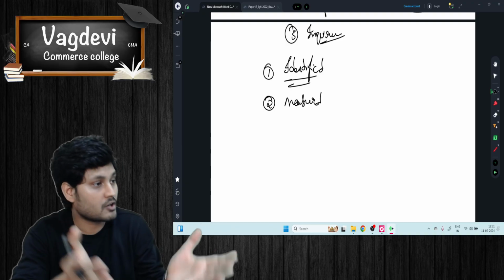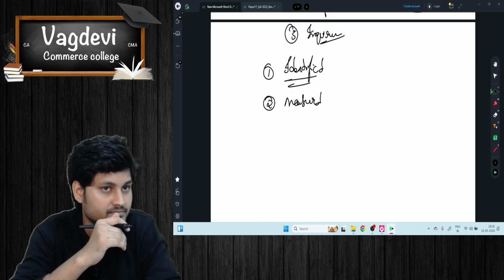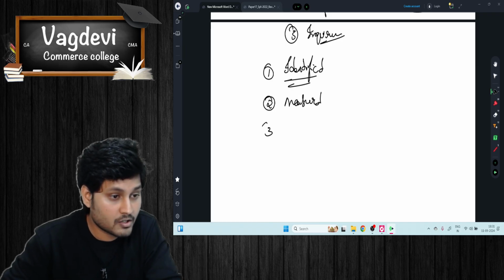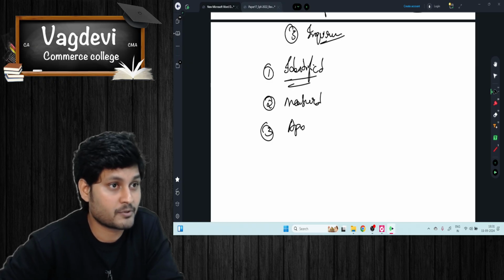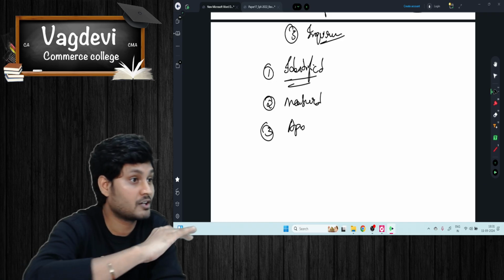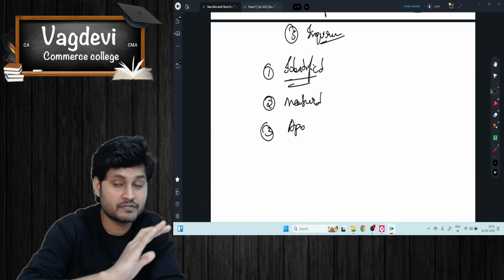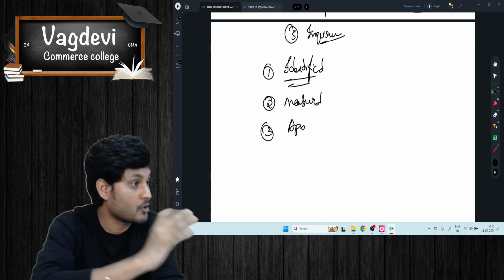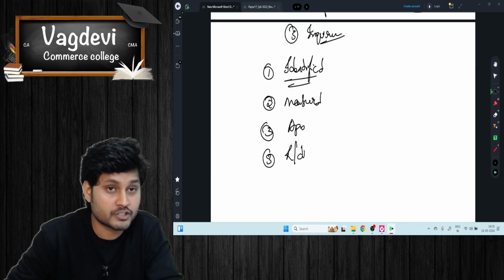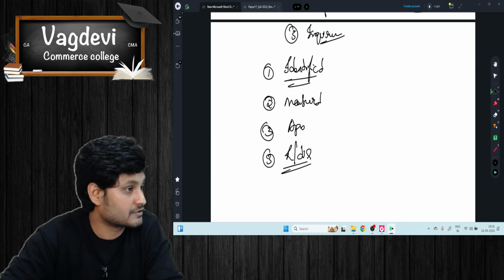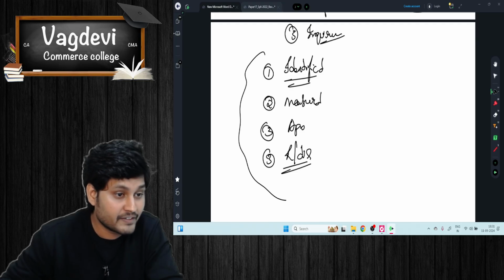Are all the costs properly measured? Okay. Are all the costs properly apportioned? Have you ever heard the word apportionment? Allotment, cost which is allotted, cost which is apportioned. Are the costs properly reported or disclosed? This is what he verifies.